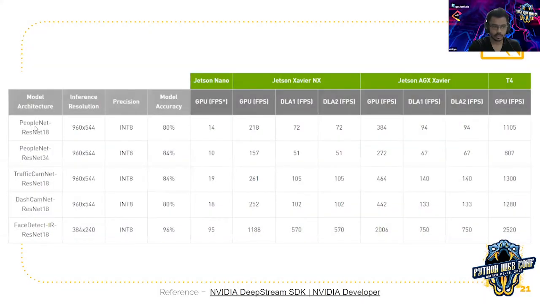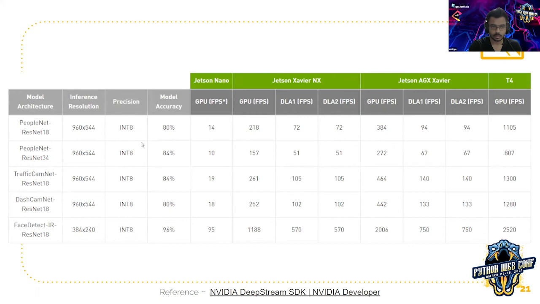So these are several of the models that NVIDIA developed along with DeepStream. As the name suggests, this is for detection of people. TrafficCamNet is for traffic detection. DashCamNet is for detecting vehicles, people, and the environment, based on a dash cam. And then you have a face detection algorithm. All of these are based on ResNet 18 or ResNet 34.